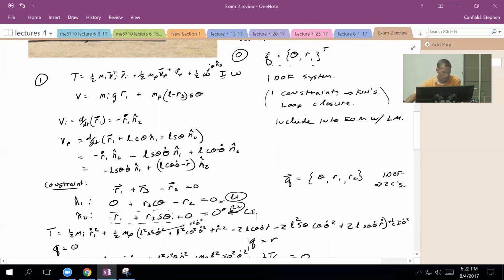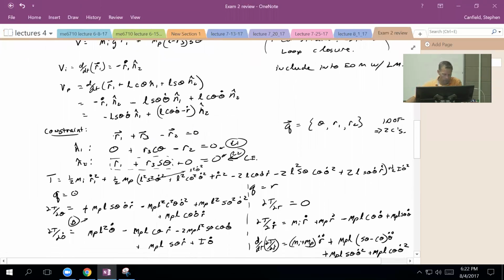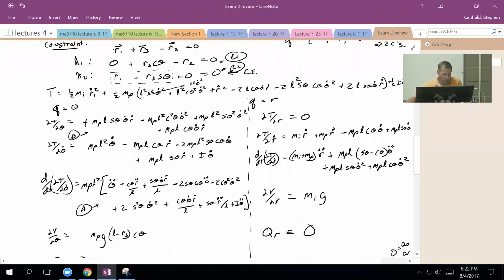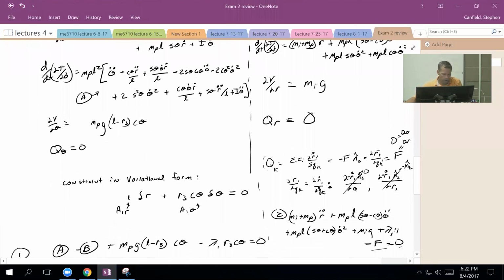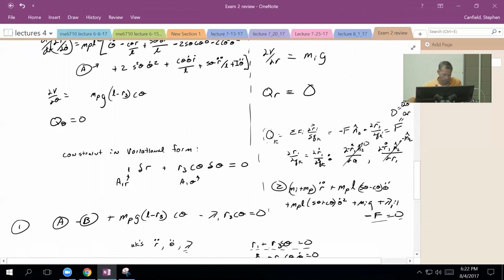To do that, recall, I take each constraint multiplied by a Lagrange multiplier. I have to write the constraint in the variational form. I did that down here. Then the coefficient of the variation in R term gets multiplied by the Lagrange multiplier in the R term. The coefficient of the variation in theta term gets multiplied by my Lagrange multiplier in the theta term.